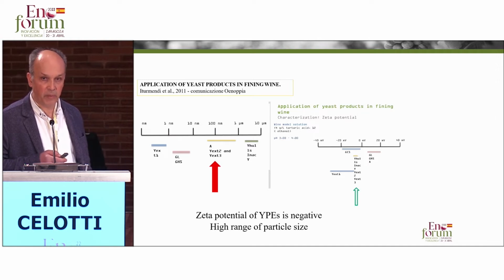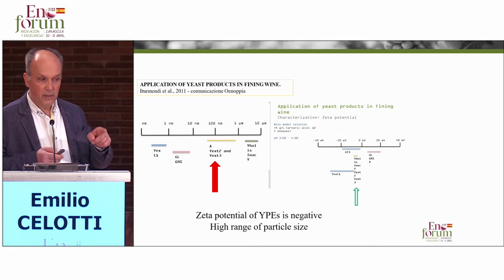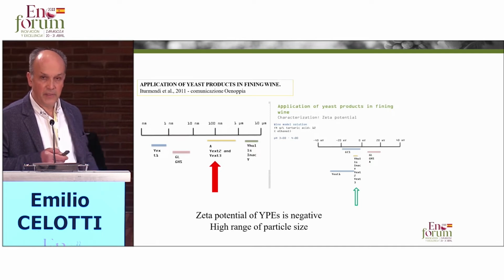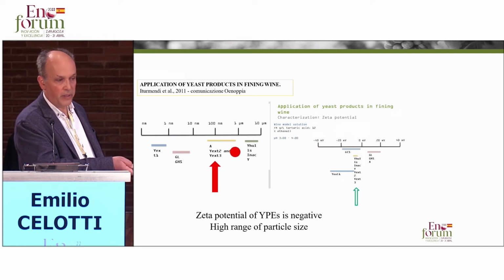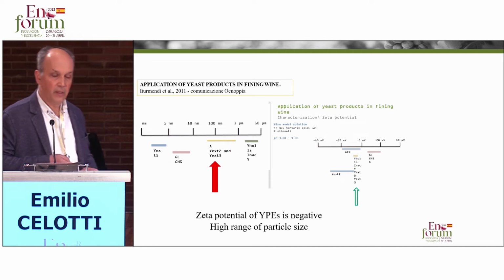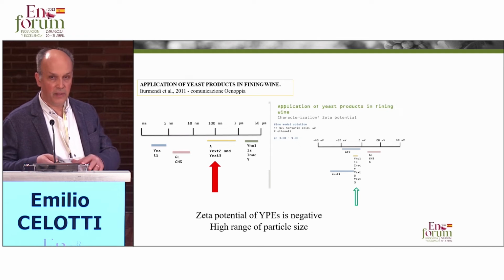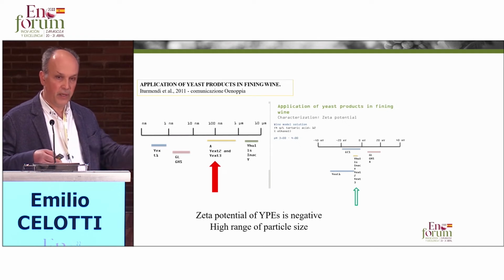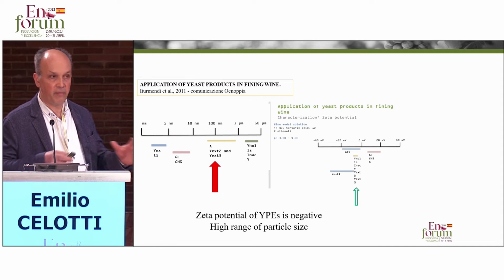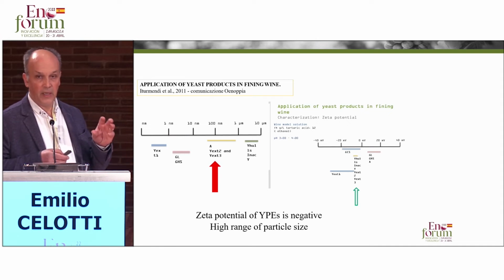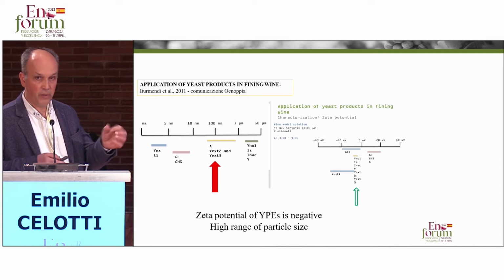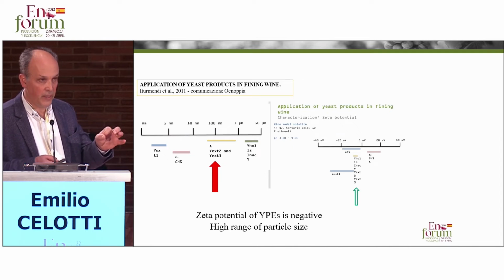Experiences from Enopia group show what I was saying about the isoelectric point. The value of zeta potential is negative. In the left part, you can also see the value of the diameter, the hydrocolloidal diameter of the particles, from many nanometers to 1 micron, and a huge variety of colloidal particles.